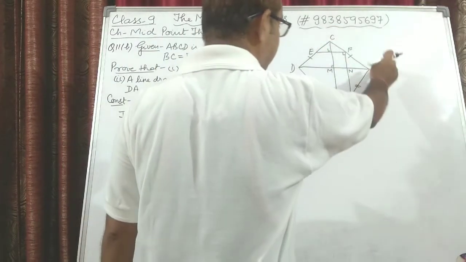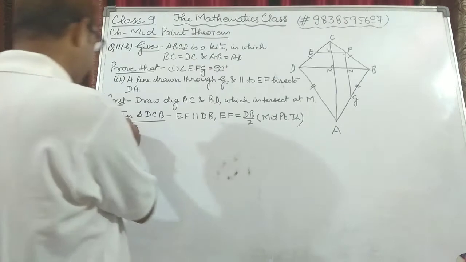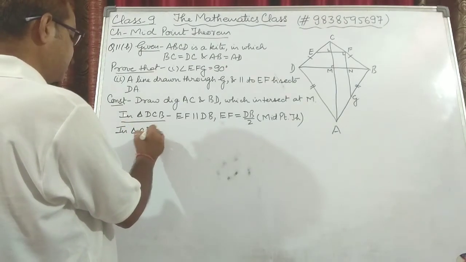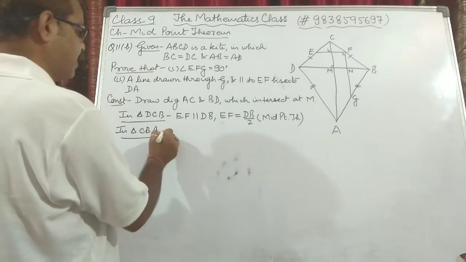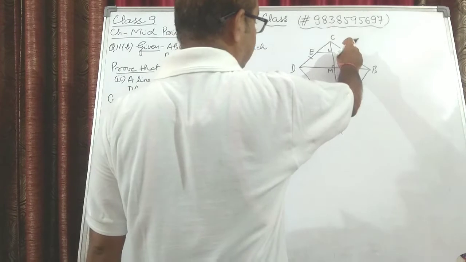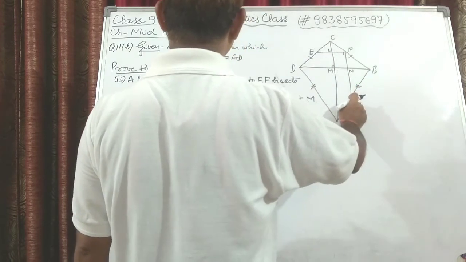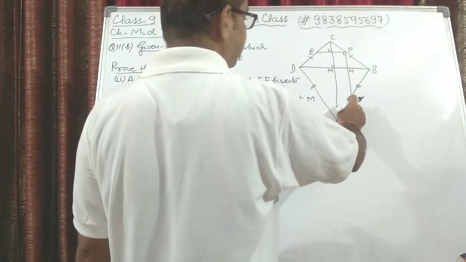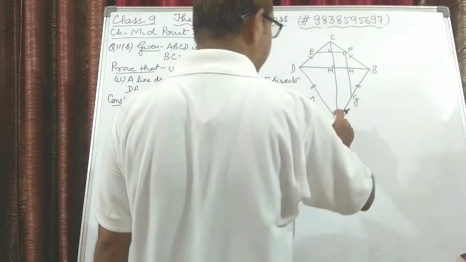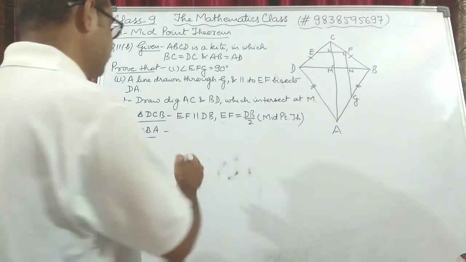Now similarly, in triangle CBA, we can see that F is the midpoint and G is the midpoint. It is given that F and G are the midpoints, so we can say FG is parallel to AC and half of AC.